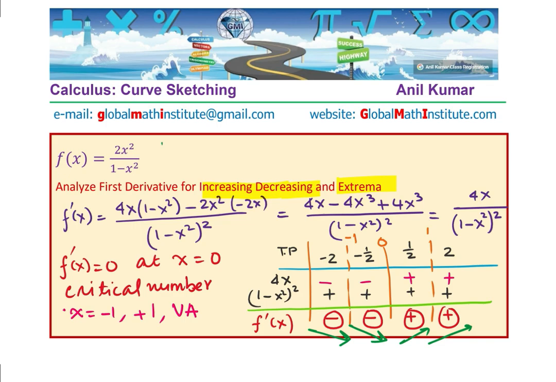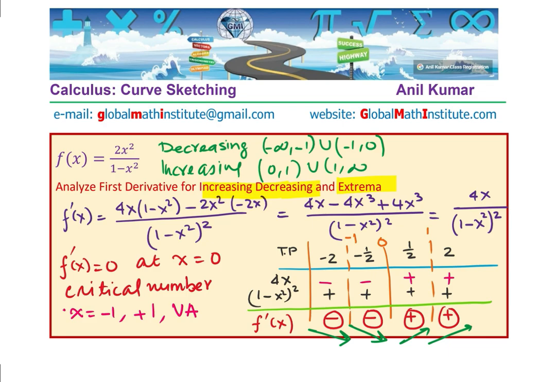So we can say it is decreasing within the intervals from minus infinity to minus 1, and also from minus 1 to 0, and is increasing thereafter, from 0 to 1 and from 1 to infinity, correct?